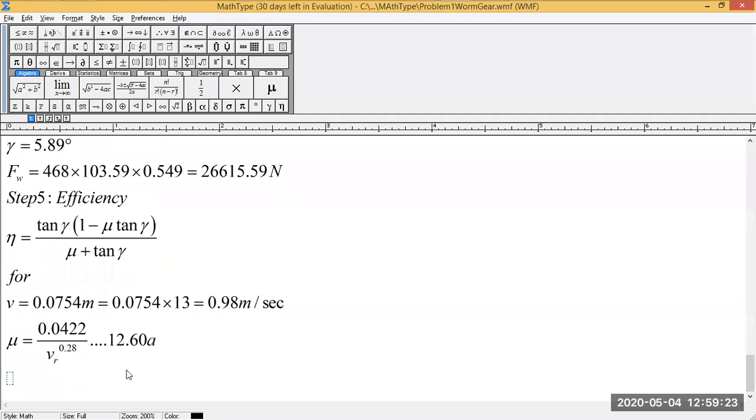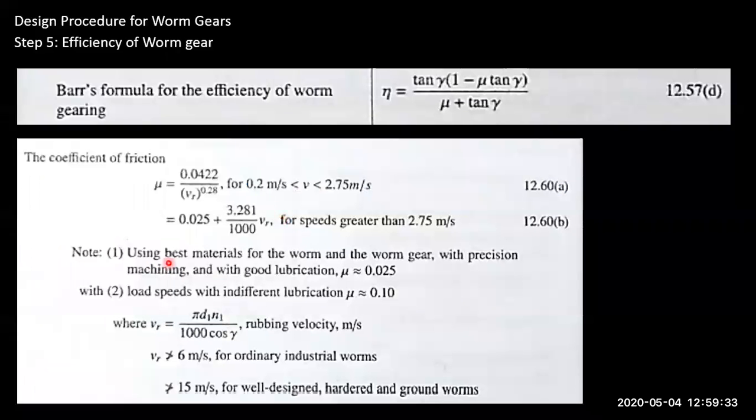Again, for this value V_R there is a separate formula given here in this PPT. You can see V_R is pi d1 n1 over 1000 cos gamma.